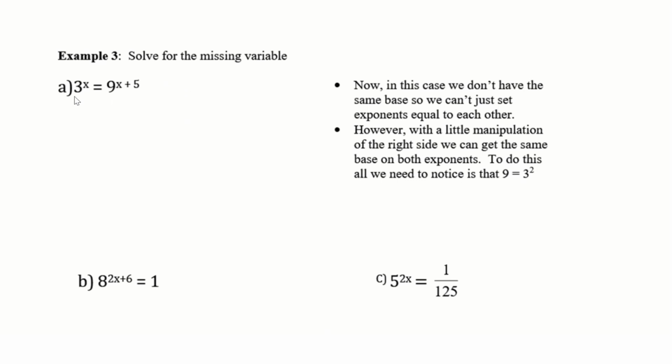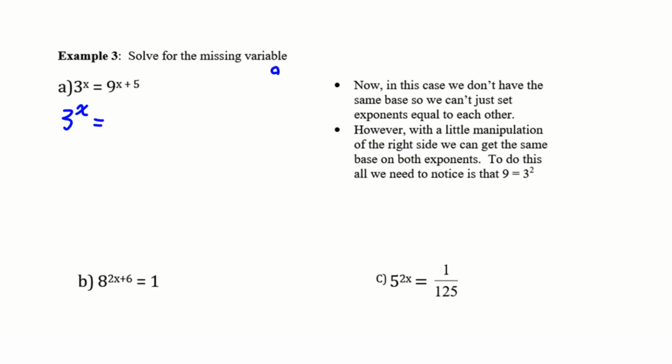For this one, we do not have the same base. We have 3 to the exponent x equals 9 to the exponent x plus 5. For such a question, we are not able to use the log of the power because we have x plus 5 on the same side as the power. So for such a question, we want to change them to the same base.